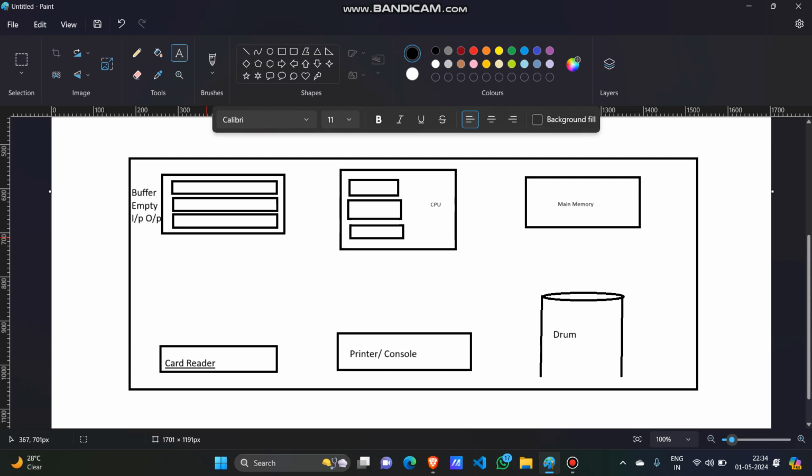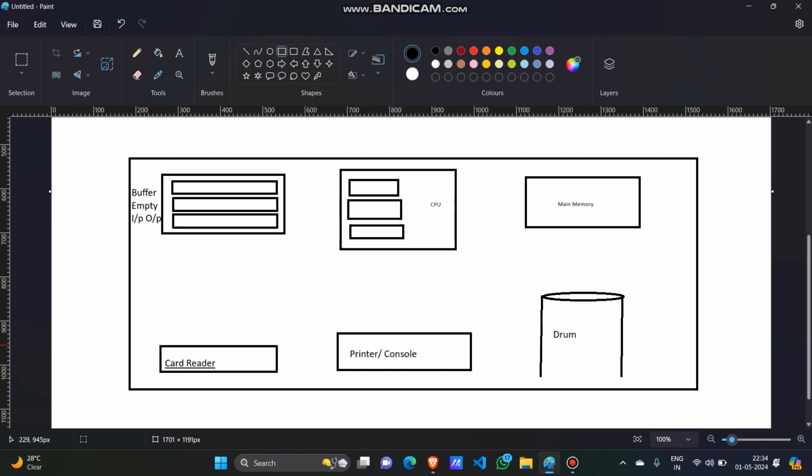But just think, what if I have to simultaneously perform more than one operation, right? Suppose I'm writing something and at the same time I want to read something. I know that my printer and my card reader are two different entities. Now they can work together, right? They can work separately, they can work simultaneously, because they are not dependent on each other at a particular instance.